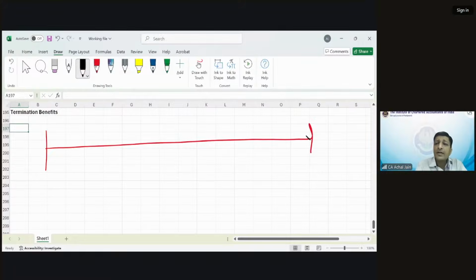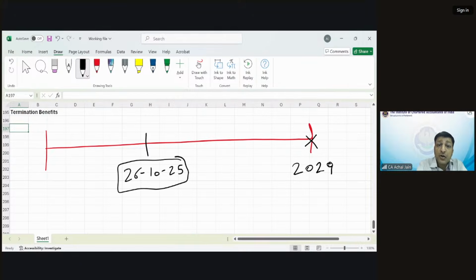Let's suppose the normal retirement date of the employee is 2029. The employee is terminated on 26th October 2025. Because of this termination, some employee benefit is payable to that employee.